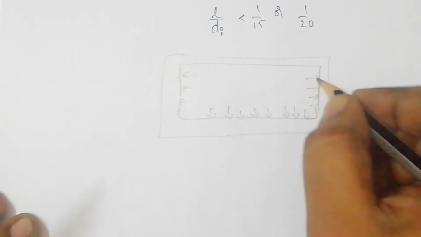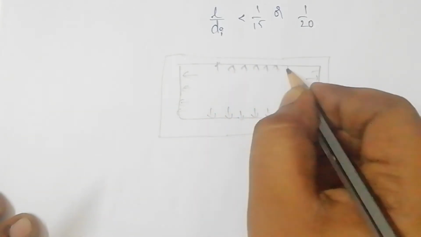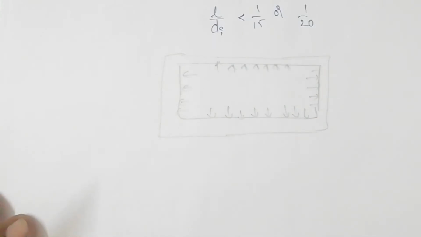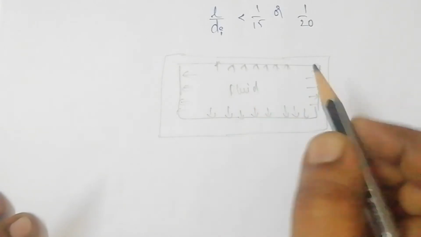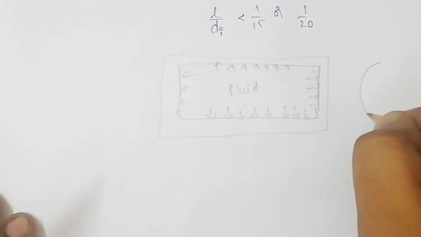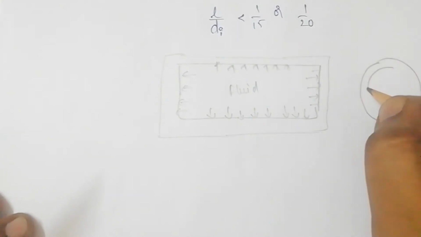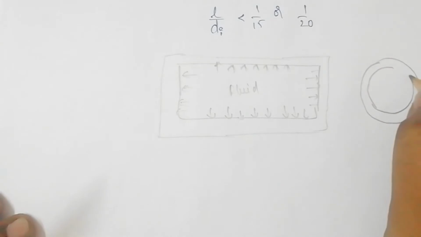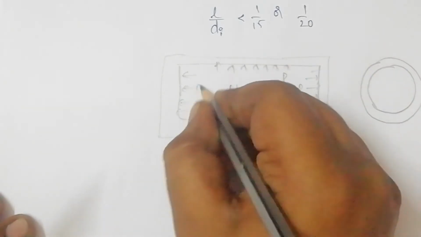So, because of this pressure, stresses will be generated inside the surface. This is the fluid which is present inside. So, because of this, it will create some pressure on it. So, with that pressure, what are the various types of stresses generated in the material?